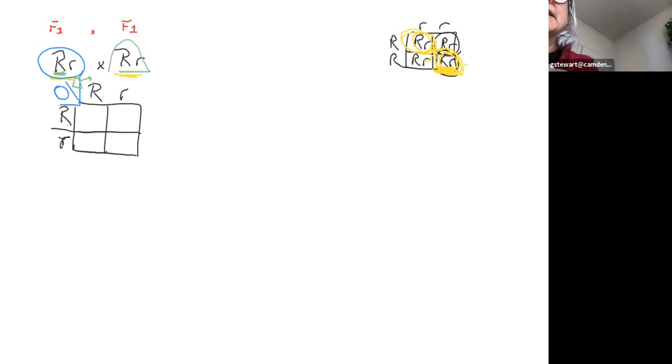And the triangle parent can give either a capital R in the ovule or a lowercase r. Because remember, the gametes are N. They only have one copy. The zygotes, those are diploid. They have 2 copies of each characteristic, each allele, 2 copies of alleles for a characteristic or trait.